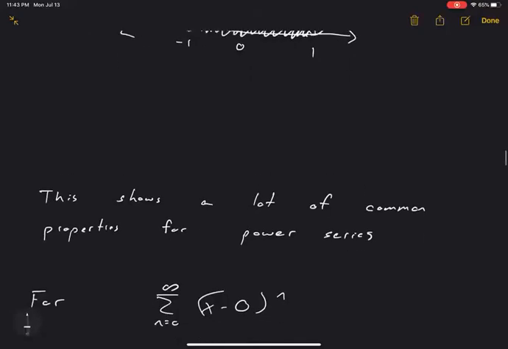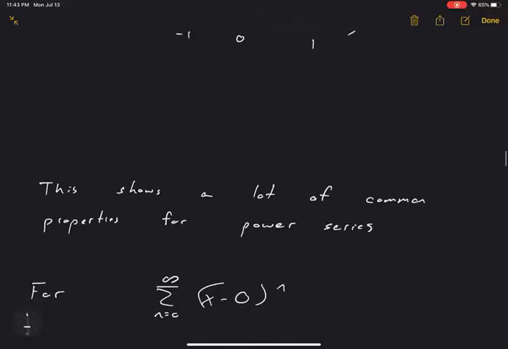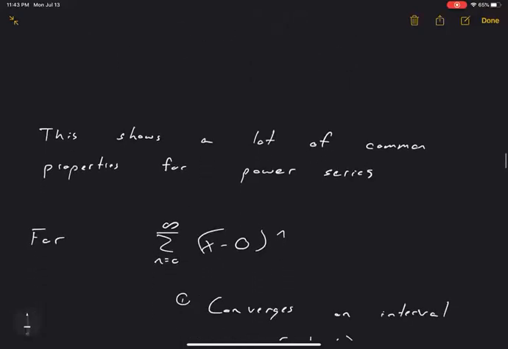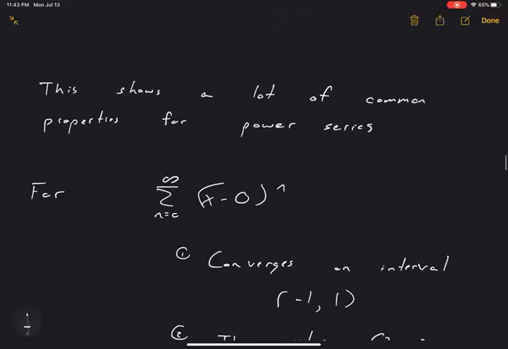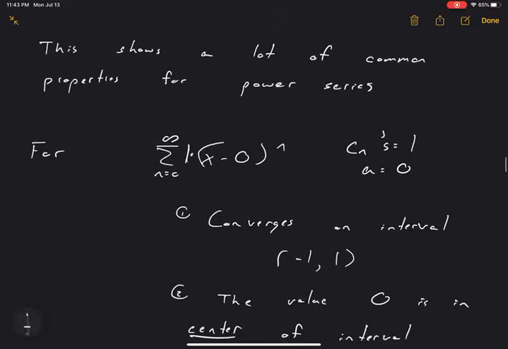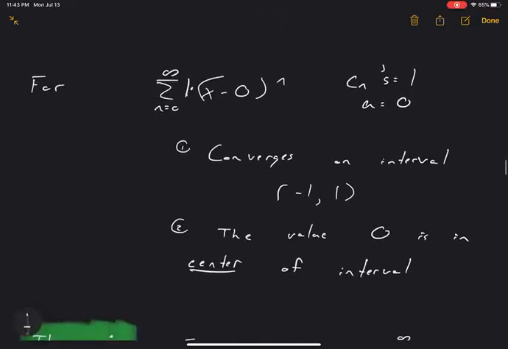Now, this shows a lot of properties that are kind of in common for all power series. So remember, the power series we started with, this was when all the c_n were equal to 1 and a is equal to 0, right? And what did we see about this particular power series? Well, it converged on this interval, -1 to 1.